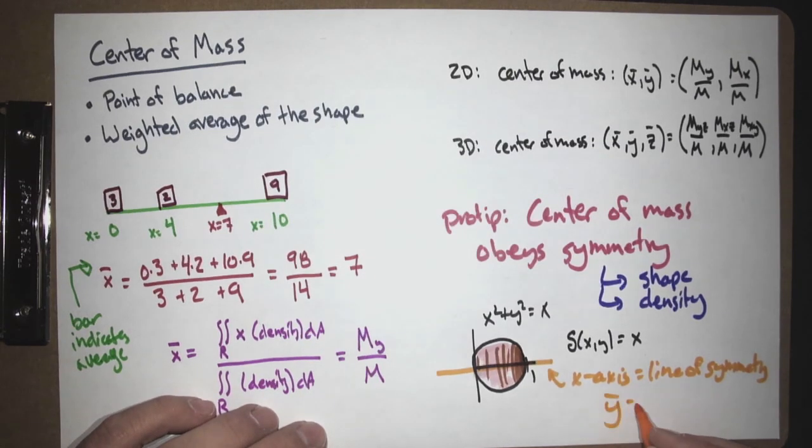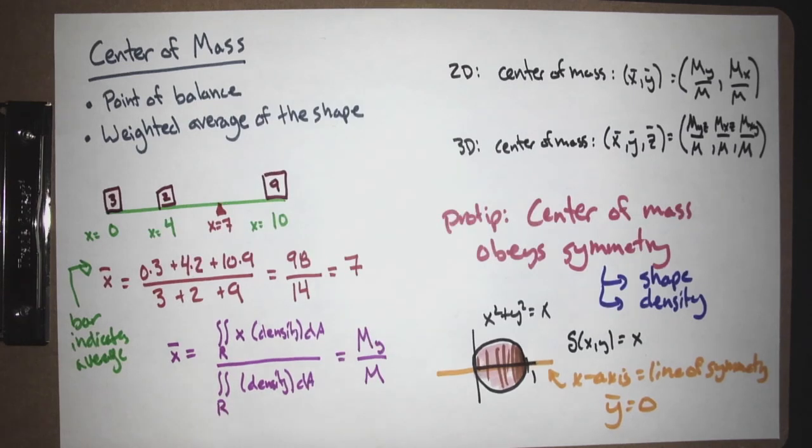We can say that y bar equals 0. So in many problems that we ask on exams, historically, when we find the center of mass, one coordinate is a freebie. And then the other coordinate we have to work.